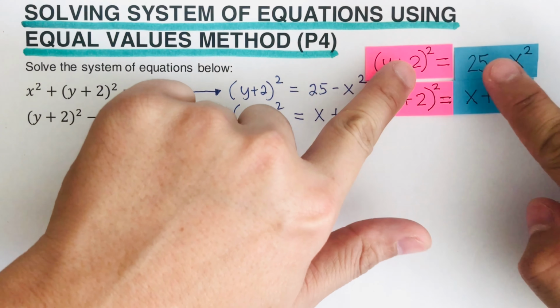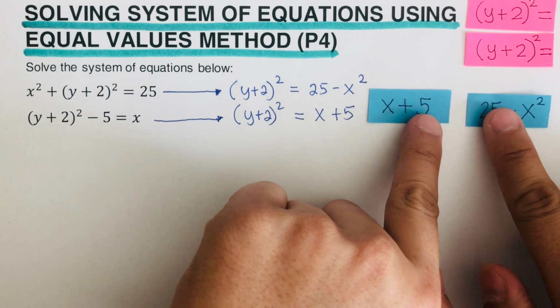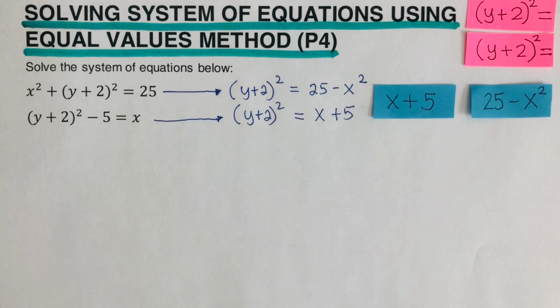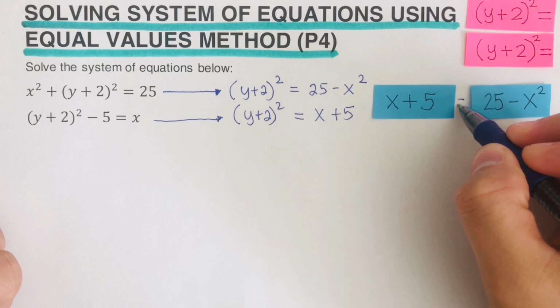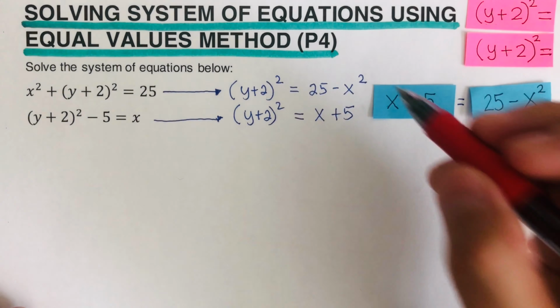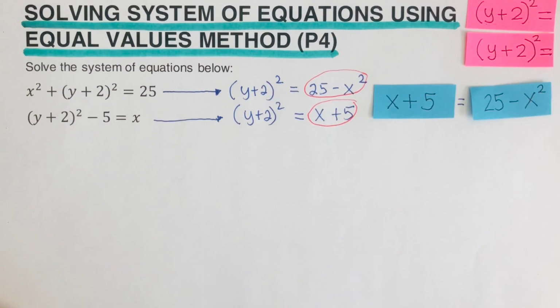So then we can say that x plus 5 and 25 minus x squared are actually equal to each other. So that means these two right here are equal to each other.